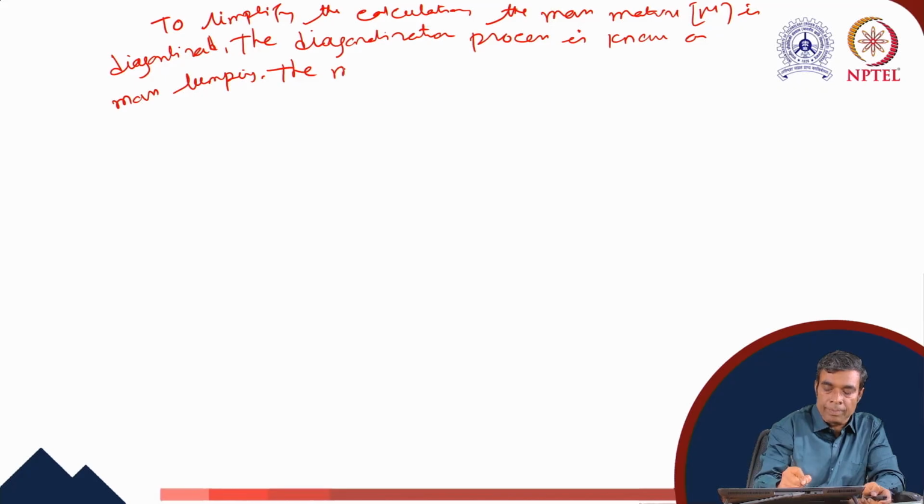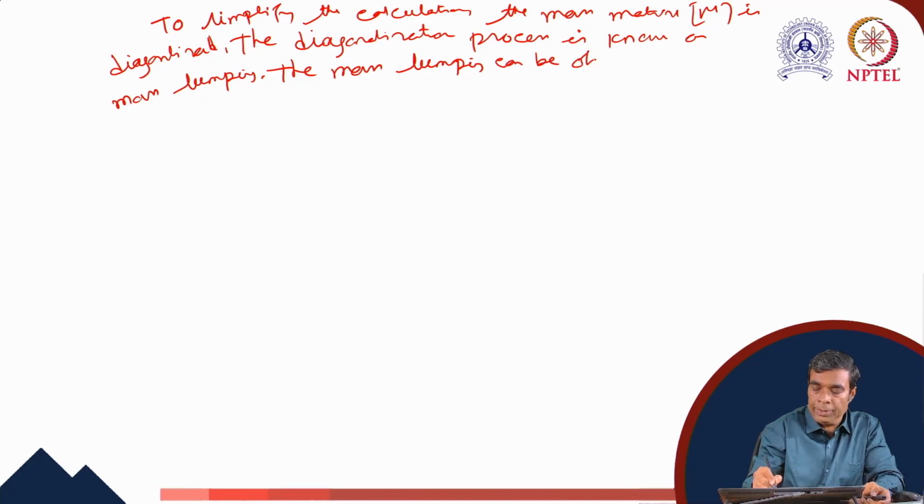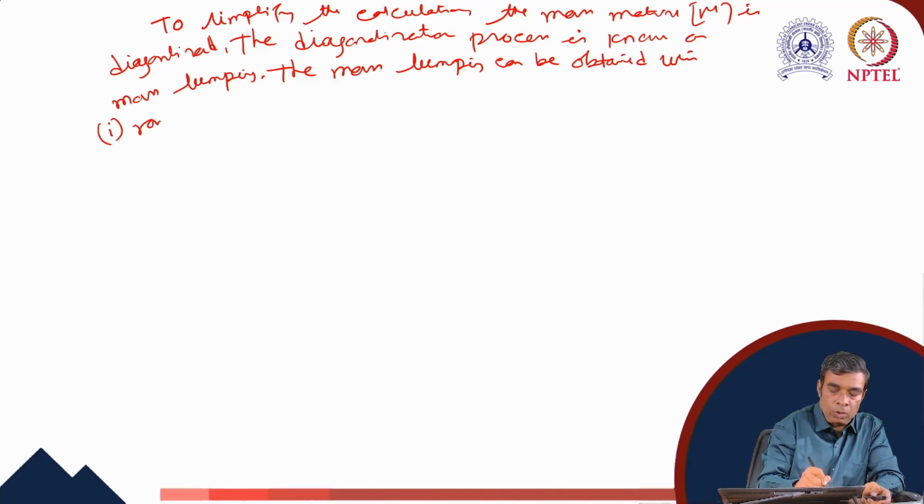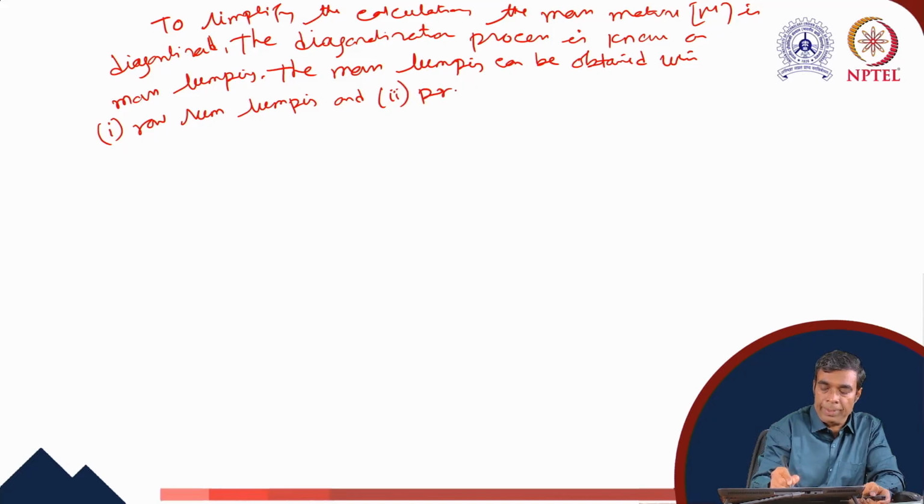The mass lumping can be obtained using row sum lumping and proportionate lumping.